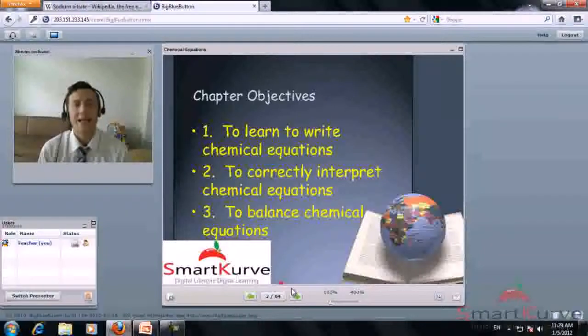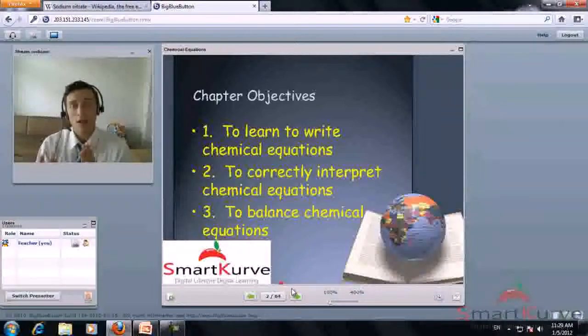Remember what balance means. Balance means that we have the same thing on both sides. Remember from our lesson on thermodynamics, the first law of thermodynamics says that matter and energy cannot be created and cannot be destroyed.